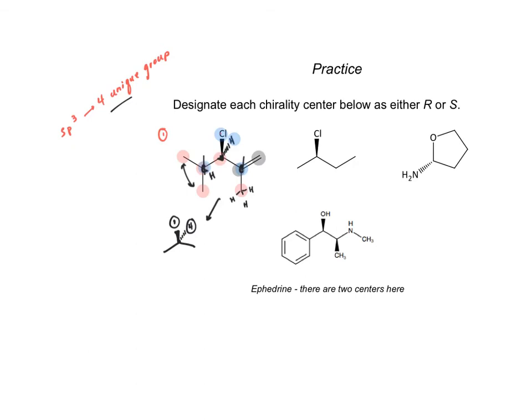Okay, so then we're going to come back to these guys. We had a carbon and a carbon, right? Now, because there's a tie there, we have to move out to who these carbons are attached to, and again, we're looking for our first point of difference. So, for example, this carbon right here is attached to another carbon, a carbon, and this implied hydrogen that is also there, all right?